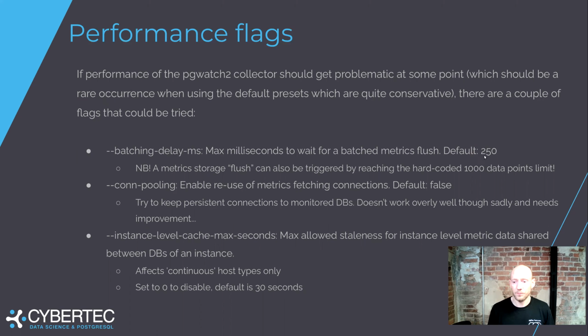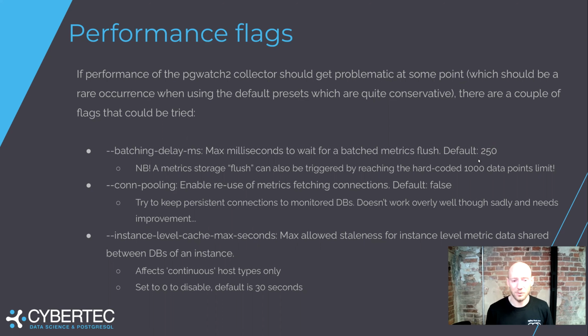By default, we are writing four times per second. So if your managed metric storage database is around the globe, it can introduce too much latency, and it might feel laggy. Maybe it's okay to lose one second of metrics if PGWatch2 crashes and burns.